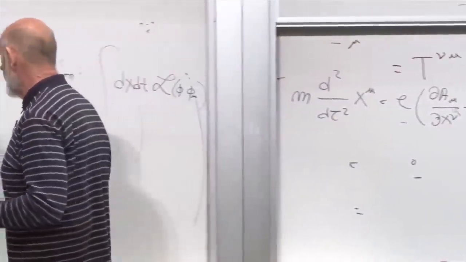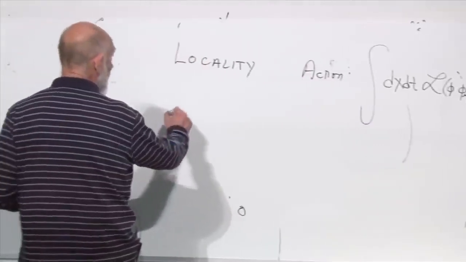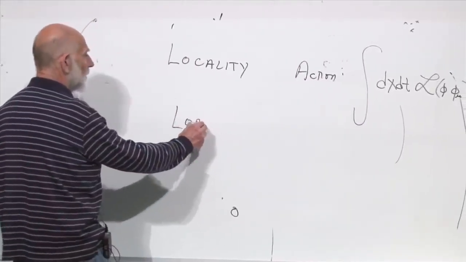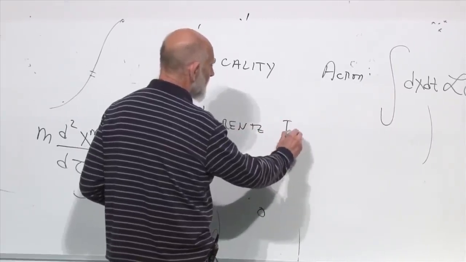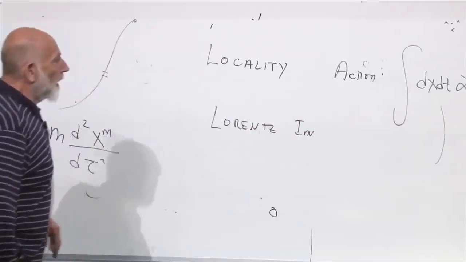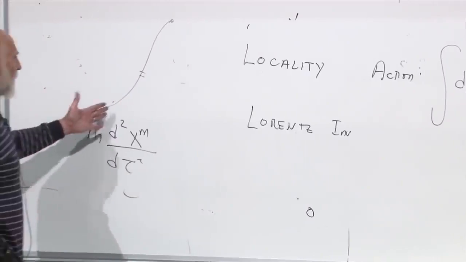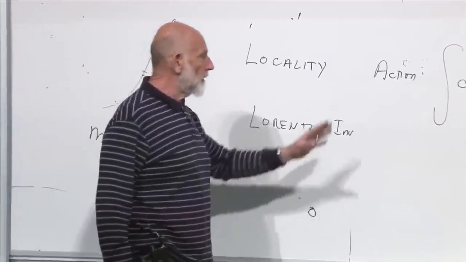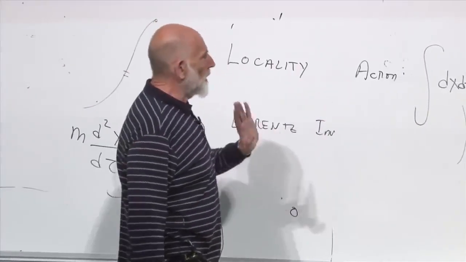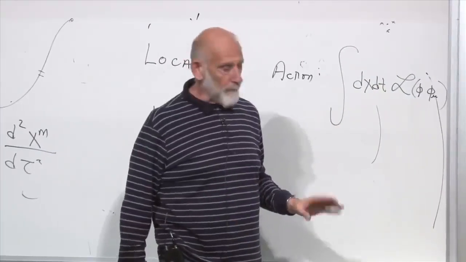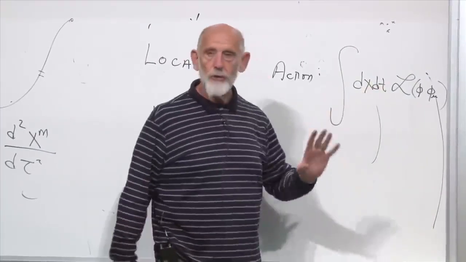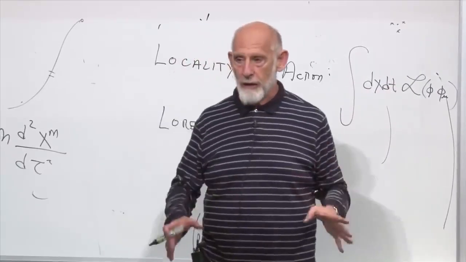That's the principle of locality, that the response of either fields or particles depends only on what's going on infinitesimally close by. Second, Lorentz invariance. In both cases, for both the particle and the field, the rule is build the Lagrangian out of scalars. Make sure that the Lagrangian itself is a scalar.